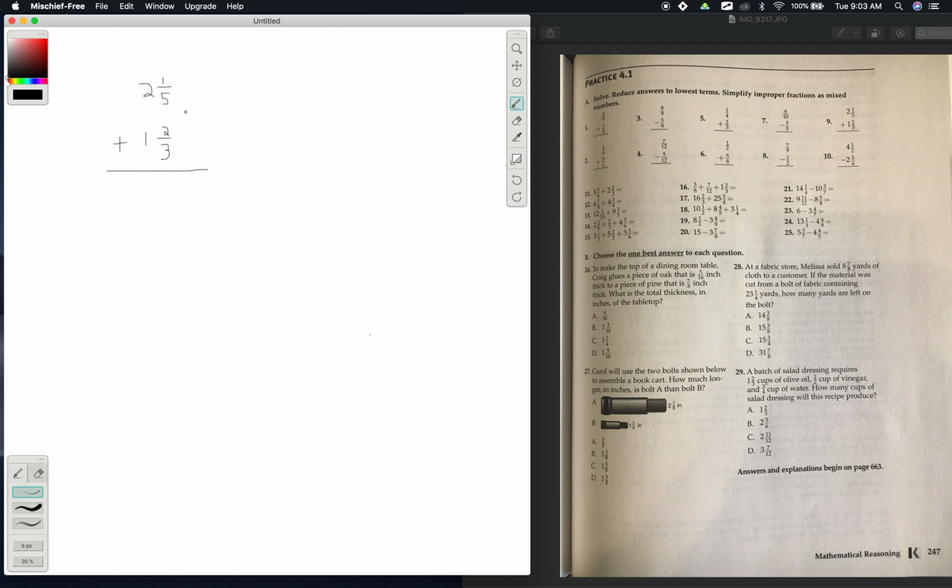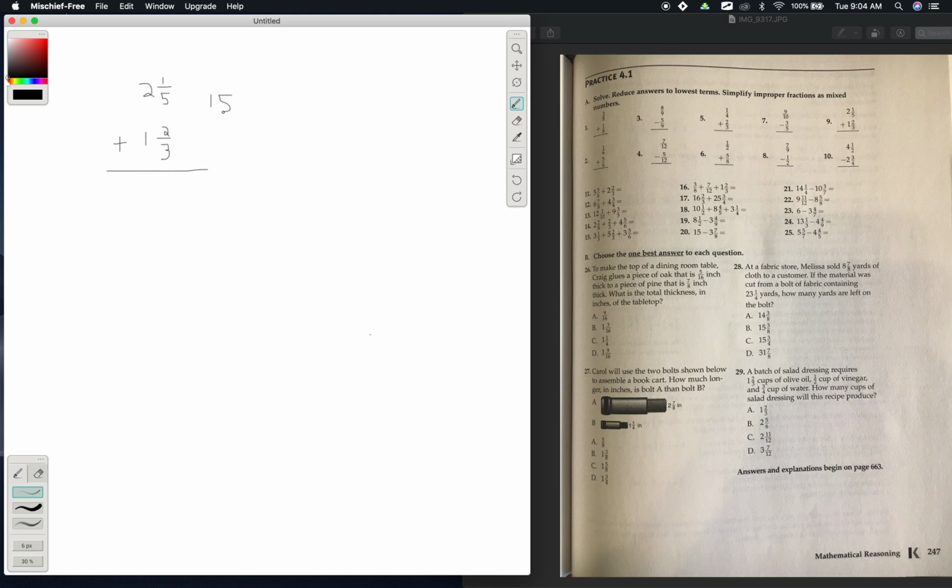Not really. 3 times 3 is 9. So, 3 times 2 is 6, 3 times 3 is 9, and now if we go past that, it has to go into 10 evenly. If we go past 3 times 3, then it would be 3 times 4, which is 12, so that won't work. So let's triple this denominator here, which will make it 15.